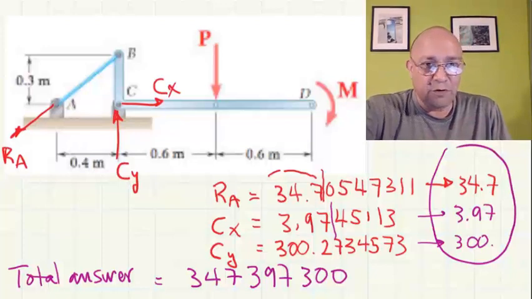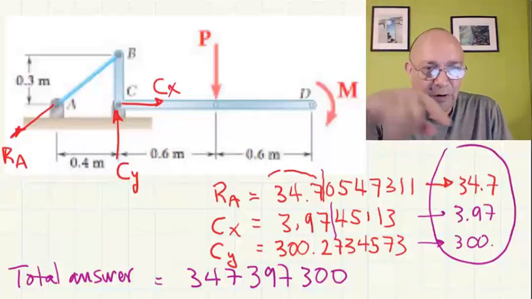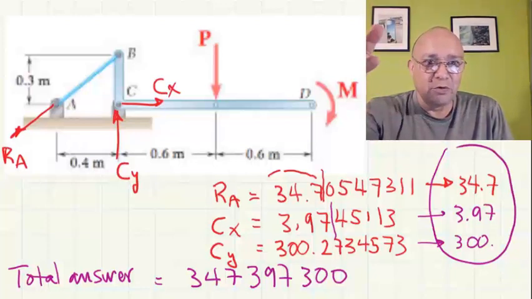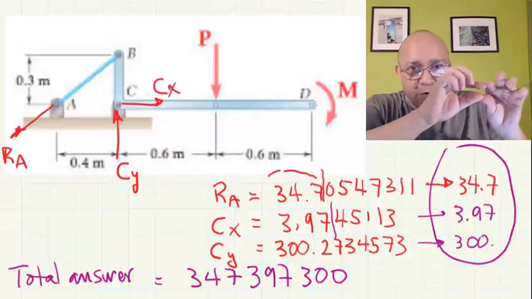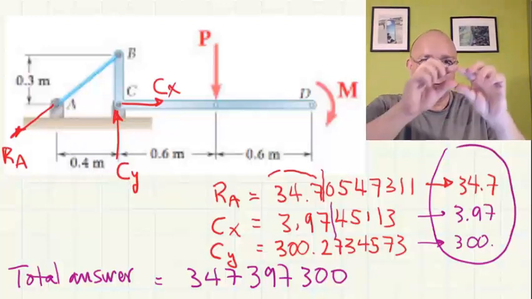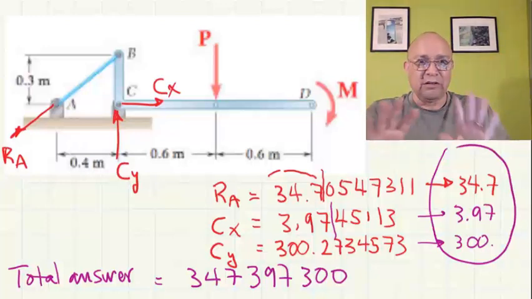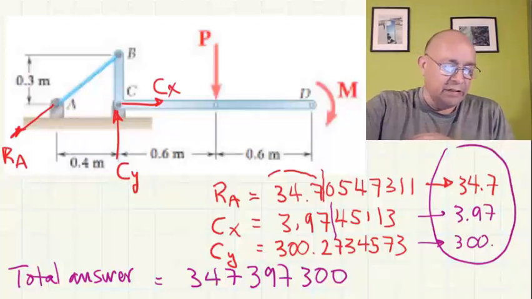If I ask you for two or more answers within the same problem, I will ask you to provide those answers with three significant digits, remove the decimal points, and put all of them in a string. And then the computer will see that string and will give you the credit.